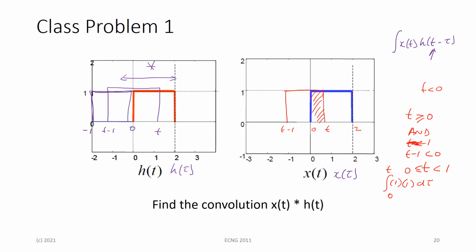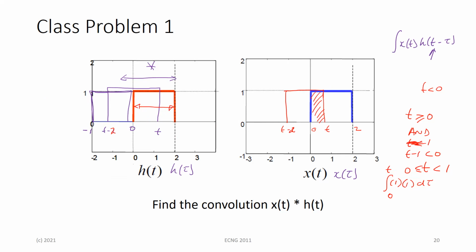Now, this brings us to a little observation that you have to make. First off, I'm making a mistake here. I didn't realize the signal is 2 long. So this is supposed to be t minus 2. And you all didn't tell me anything about this. Look at the length of this signal here. h is 2 time units long and x is 2 time units long.